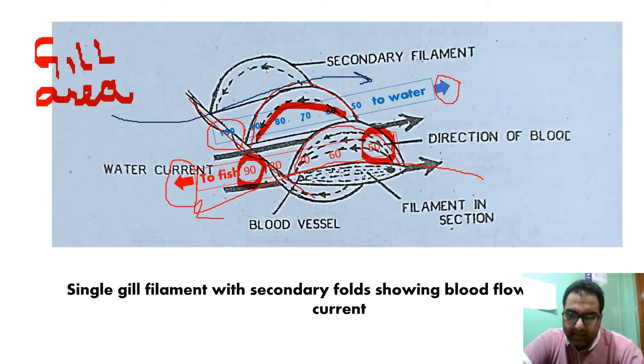So the total gill area of a fish species is calculated as a product of the total length of the primary lamellae, the primary filament, and the frequency of the secondary lamellae.